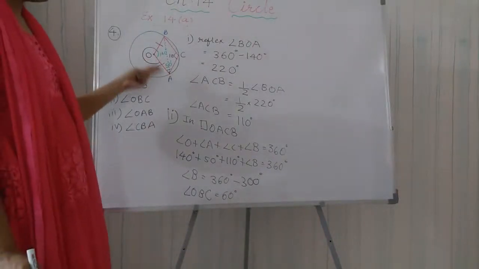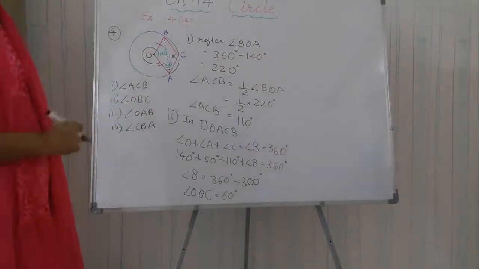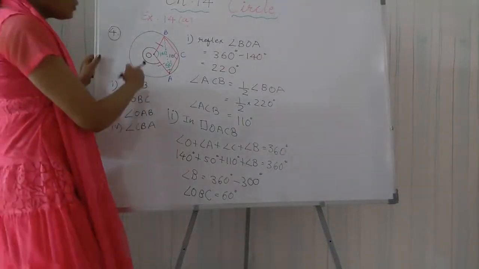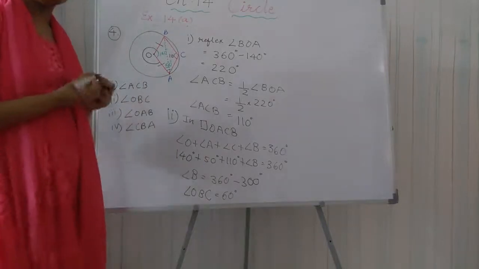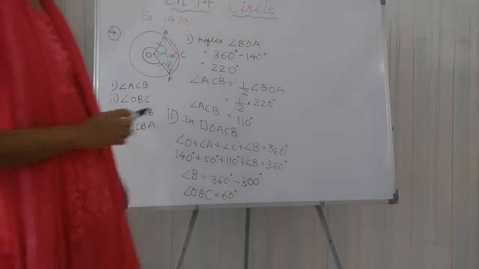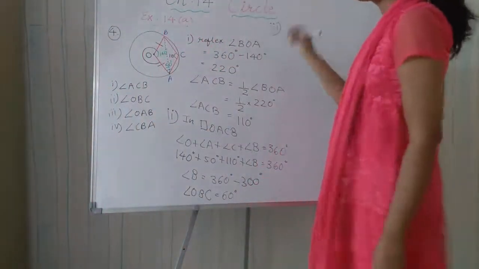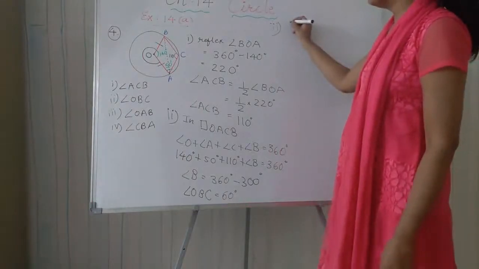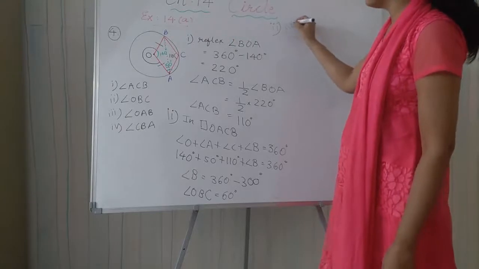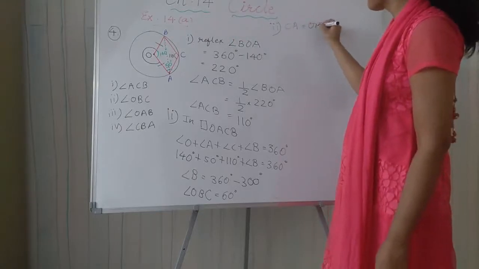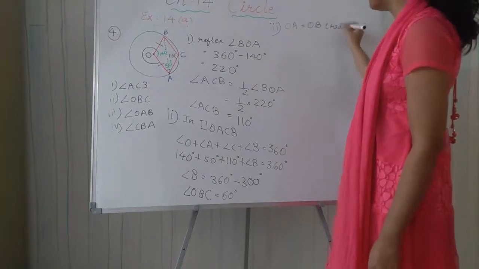Because they are radii, and in a circle radii are always equal. So what about the opposite angles? They are also equal according to our isosceles triangle property. So I am solving my third part, first join AB, then OA is equal to OB, reason: radii.